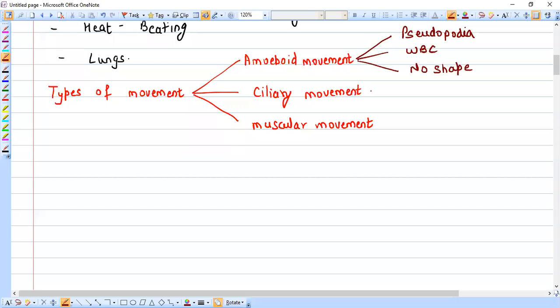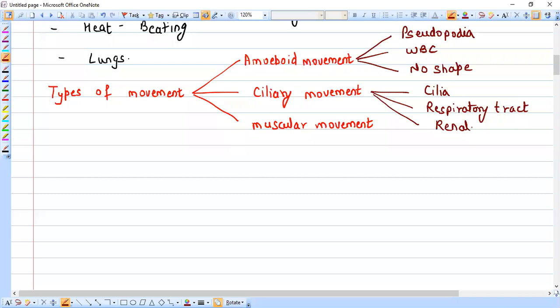When I say ciliary movement, we are going to focus on cilia. What are cilia? Small hair-like structures. Now, where are cilia present? First of all, cilia are present in the respiratory tract. Your trachea is lined by cilia that help in the movement of particles out from the respiratory tract. Then cilia are also seen in the renal tubule.